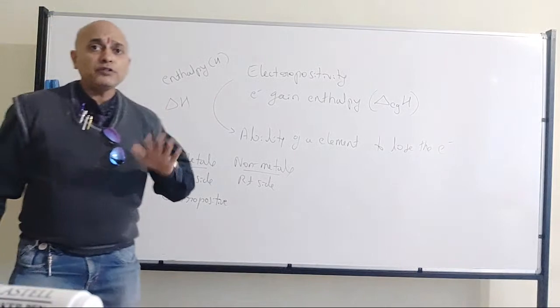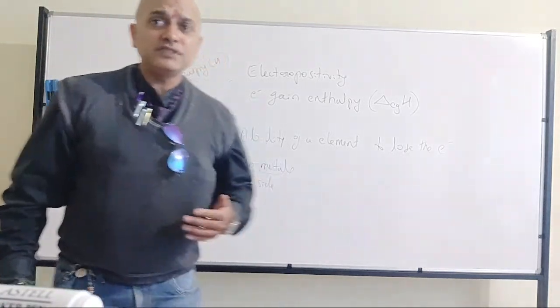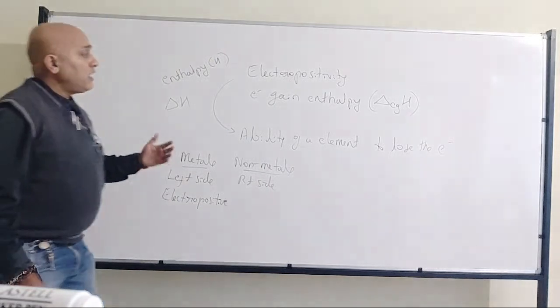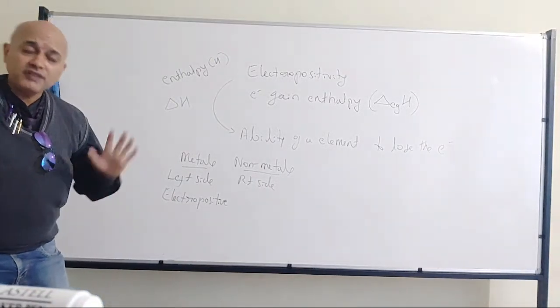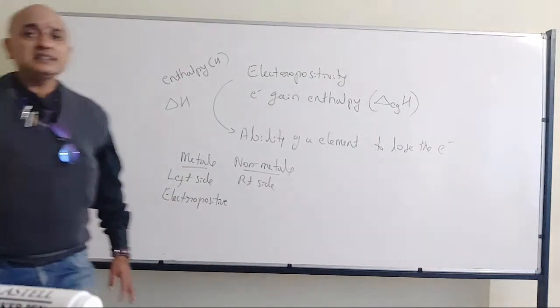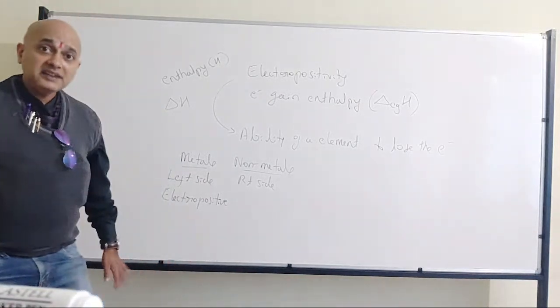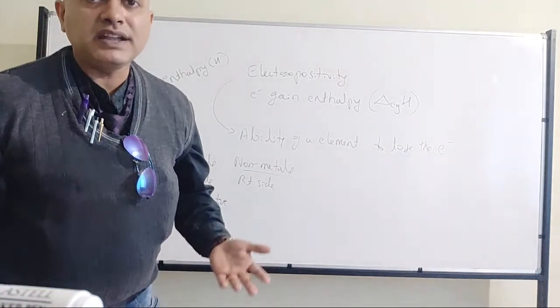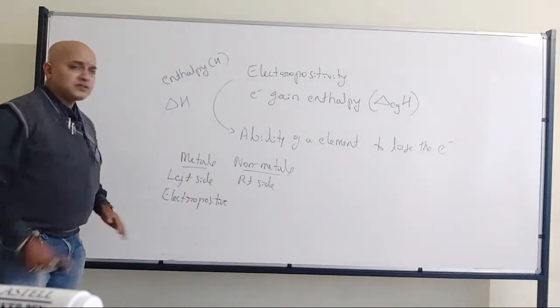Anyway, I will not go into detail. What I mean to tell you is there are many things which decide how an element can donate the electron easily. But for the time being, we can go with alkali metals as highly electropositive metals, and cesium we can include, which can be highly electropositive.